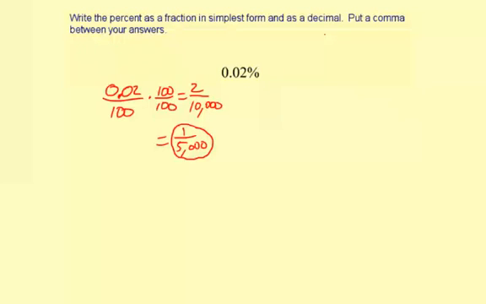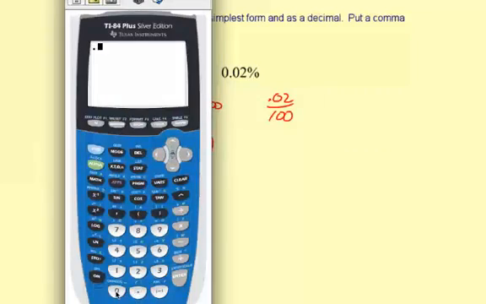Now for a decimal, 0.02 to 100, well, maybe a calculator is a good idea here. 0.02 divided by 100 is 2e negative 4.